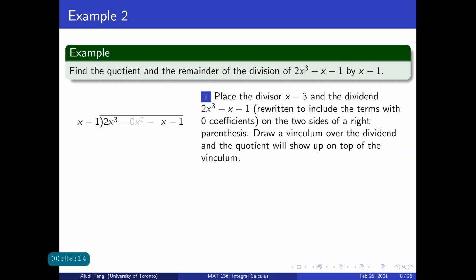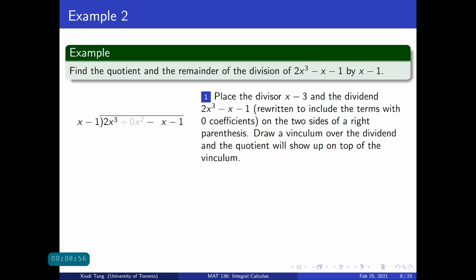In the second example, the dividend is 2x cubed minus x minus 1, and the divisor is x minus 1. Since the dividend has a higher degree, we should really use the long division. So we place the divisor and dividend in the right position, but here it's like when we do integers, where we would put 0 even if there is no multiple of a power of 10, like 1, 0, 2, 3. For polynomials, we would also add the missing terms, like plus 0x squared over here.